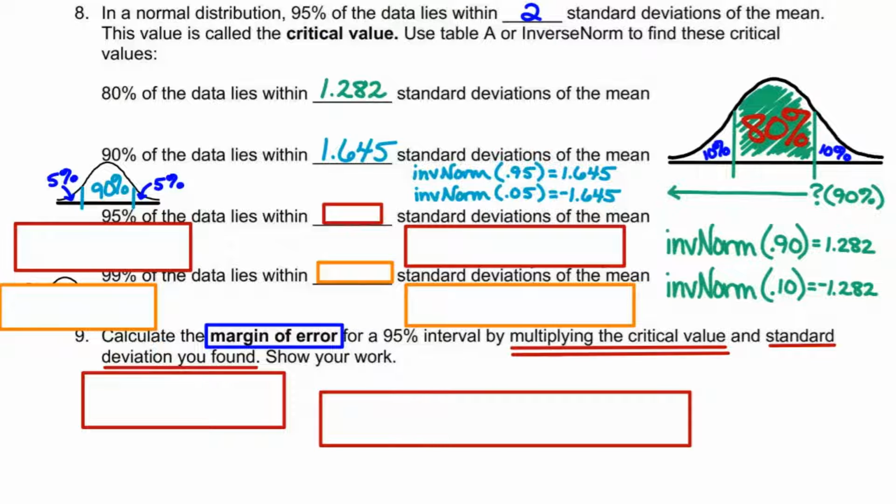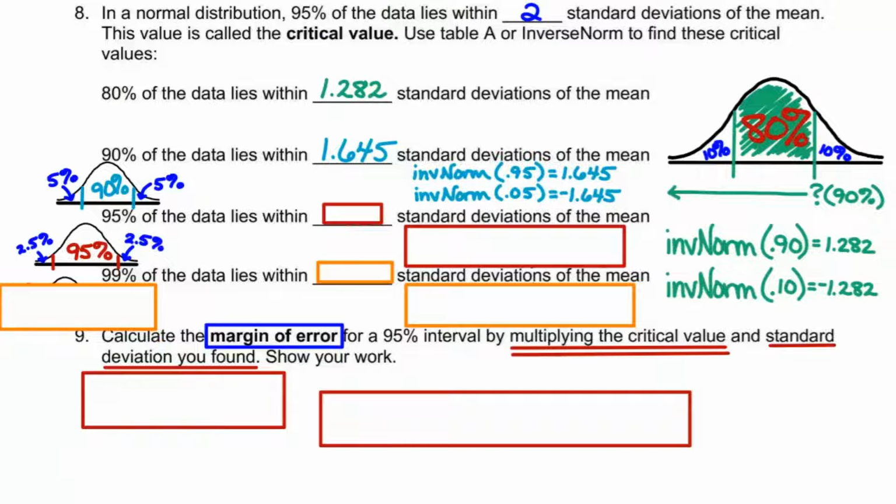So if I have 95% in the middle, how much is evenly split between my two tails? Each of those would be 2.5. So how could we calculate the critical value for a 95% confidence interval? Yep, inverse normal, 0.025, yes.